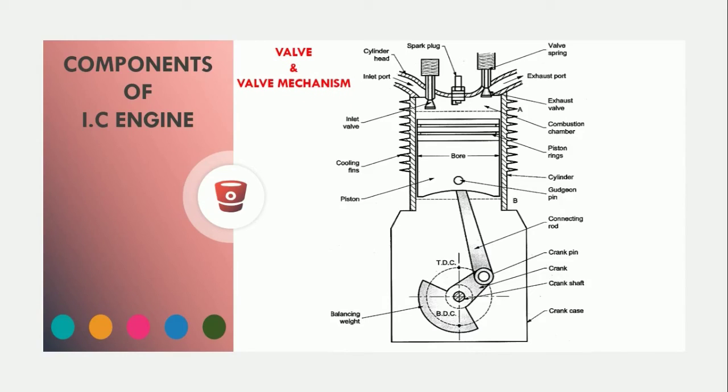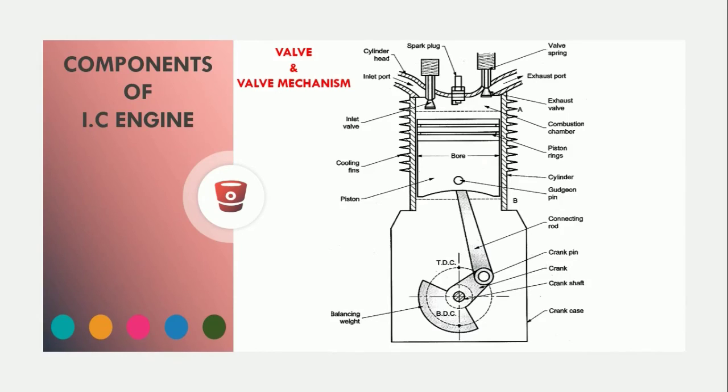Valve and valve mechanisms. Again, come to the top portion of your cylinder. Here we have the valves. This is the inlet valve. The inlet valve allows the admission of fresh charge inside the cylinder, whereas on the other side you find the exhaust valve. The exhaust valve controls the discharge of exhaust gases from the cylinder, and it is operated by a mechanism usually called the cam and follower mechanism.